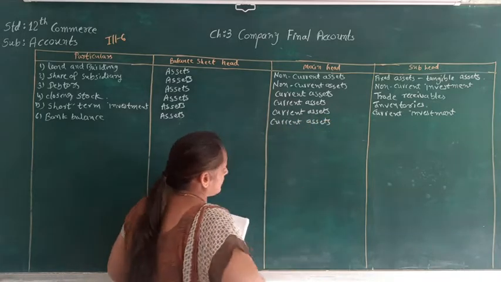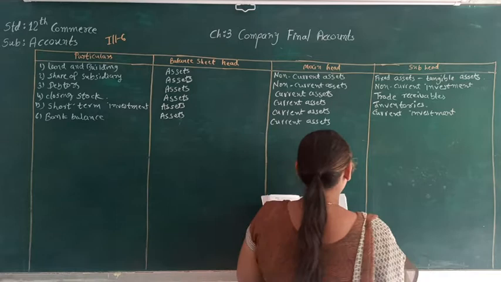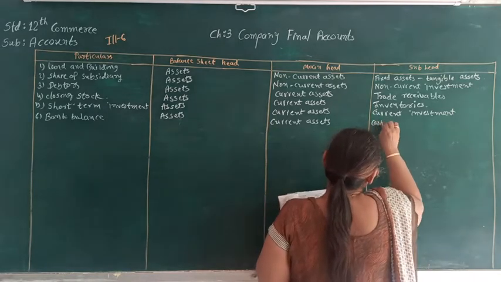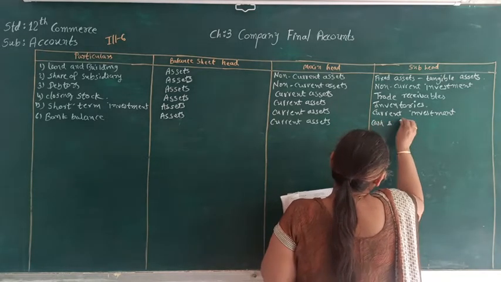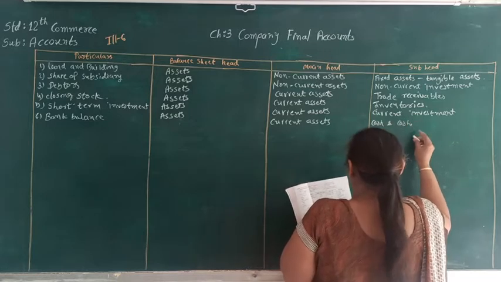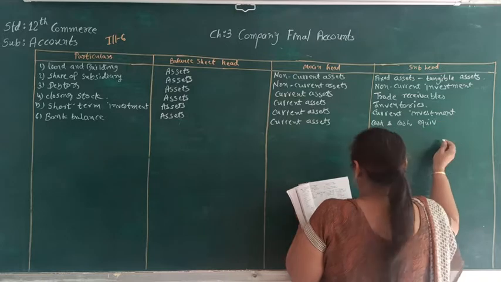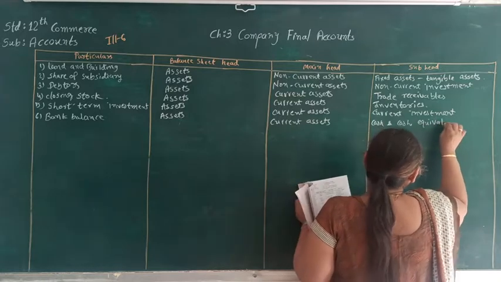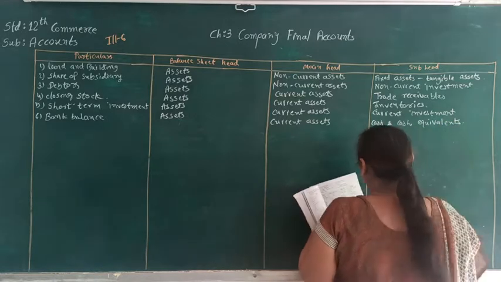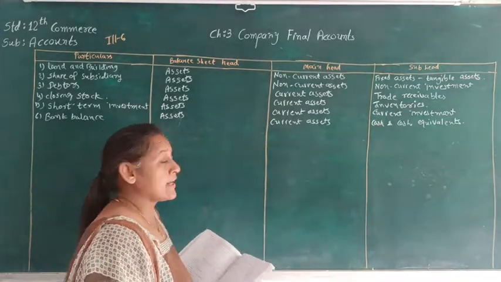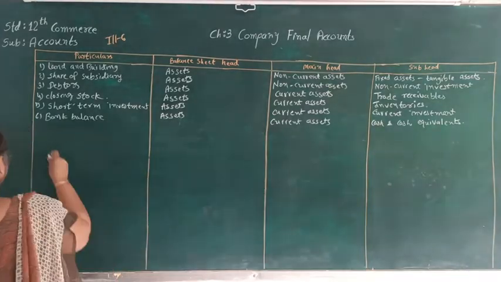And under the current asset, it will be shown as cash and cash equivalent. Again the next heading is goodwill.